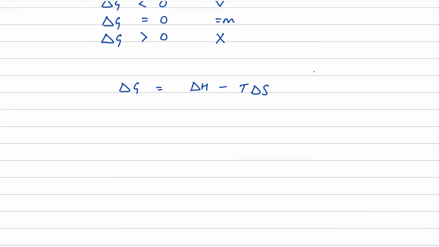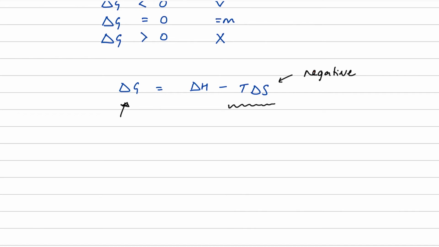Now, at very high temperatures, the minus T delta S component of this expression is going to become significant. And at high temperatures, we find that the change in Gibbs energy is more dependent on minus T delta S than it is on the enthalpy change. It's more likely to depend on entropy than enthalpy. Now, if we have a negative entropy change, so entropy decreases during the reaction, then at low enough temperatures, our reaction still may be feasible.